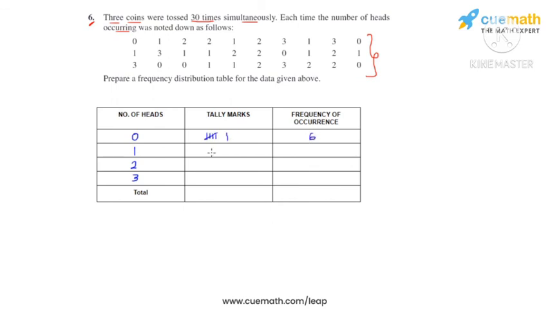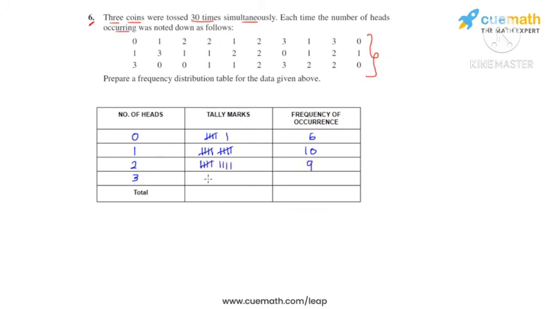For 1, that is the head occurred only in one of the coins, is 10, so we write the tally marks as 10, and so for the frequency that is 10. Head occurred 2 times, 9 number of times, so we write the tally marks as 9, and so the frequency is 9.